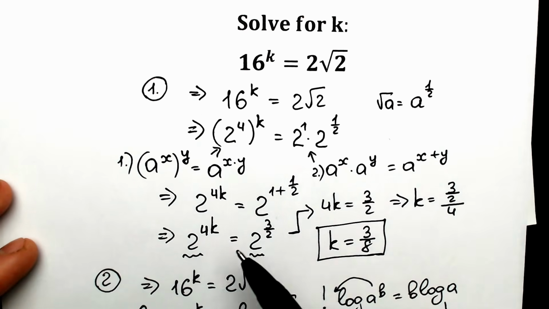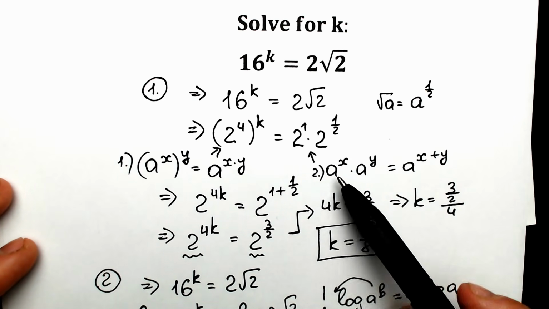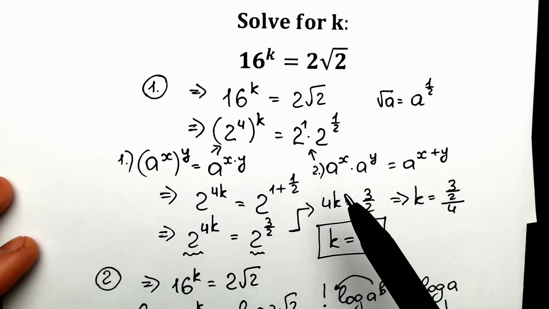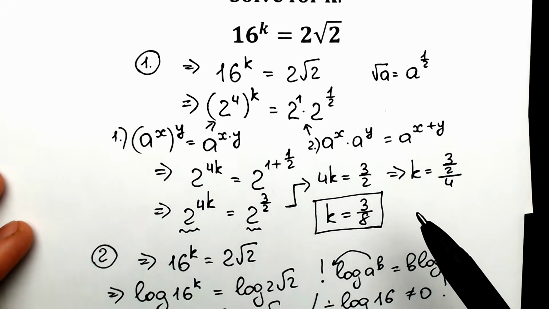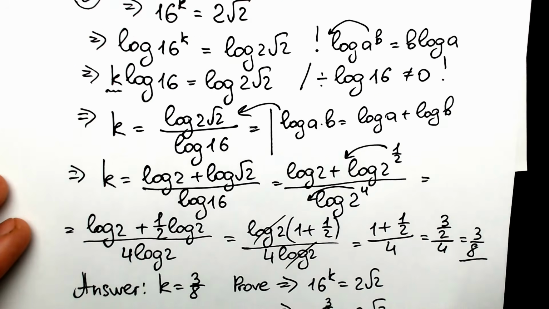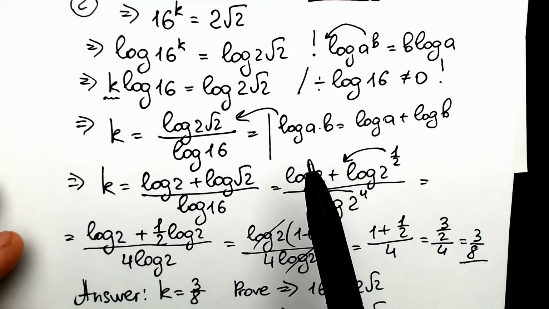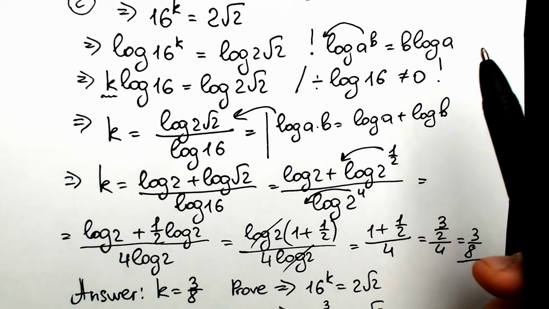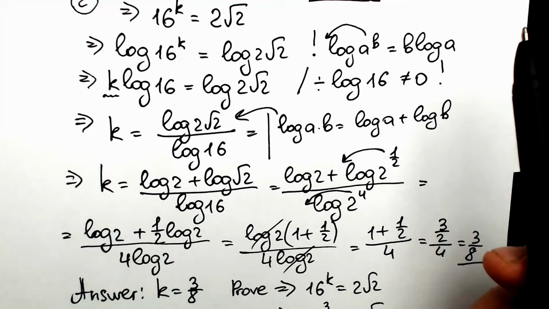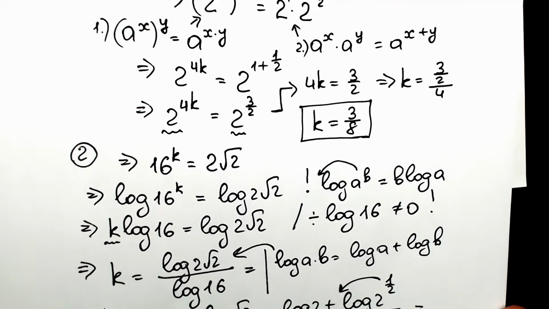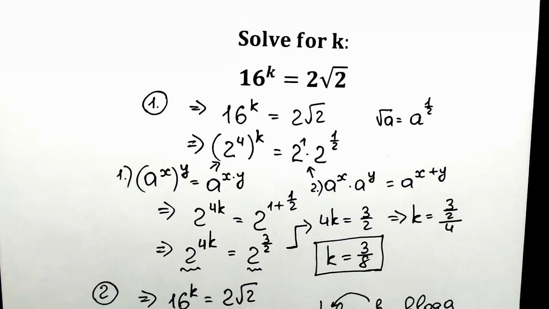This is the first method, maybe the classic method, because a lot of students like these quick properties, so we can solve this question real quick in 1 minute, or maybe even faster. But if you need to solve this question according to log, here's our second part with the log. Also a really interesting part, because we learn a lot of different properties. This is a great question for students who want to practice different properties. I mean power rules.